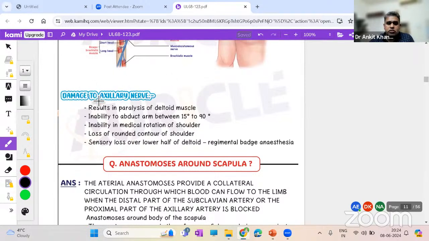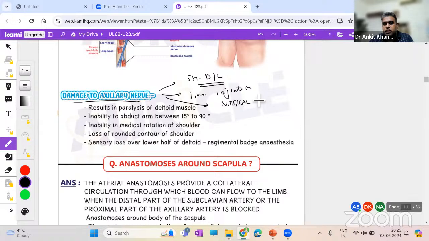Think about it. Damage to the axillary nerve can be an applied aspect. It can be damaged in case of shoulder dislocation, which is very common. Then it can be damaged in giving IM injections. Then we just saw it can be damaged in surgical neck of humerus fractures.